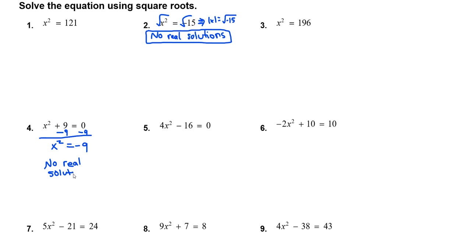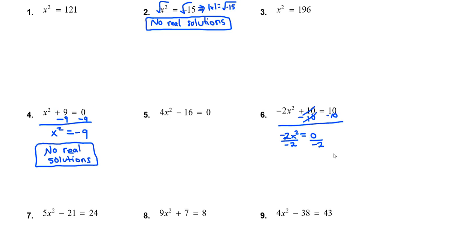All right, in number 6, this one is finally a little bit different. We will have some solutions here. If I subtract 10 from both sides, I get negative 2x squared equals 10 minus 10 is 0. Divide both sides by negative 2, trying to get that quantity squared by itself. I get x squared equals 0 divided by any number is 0.